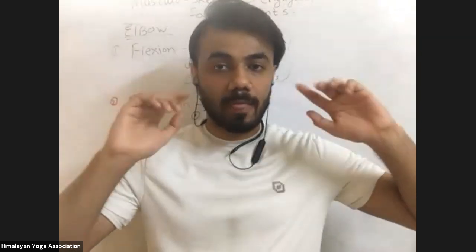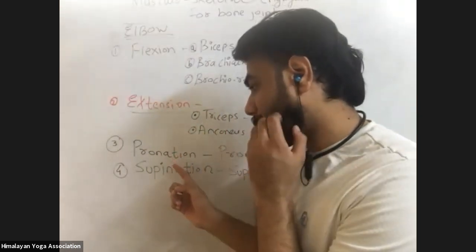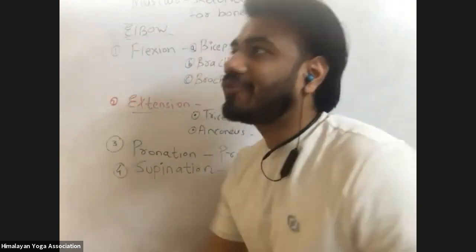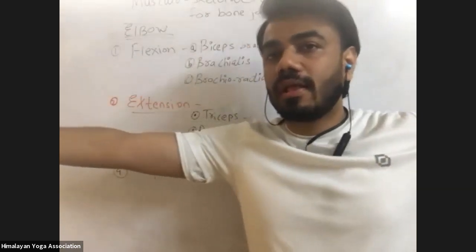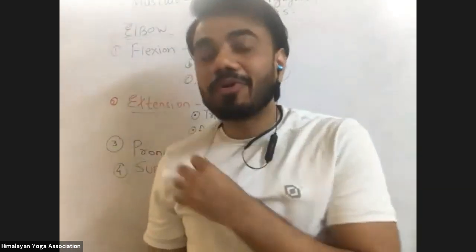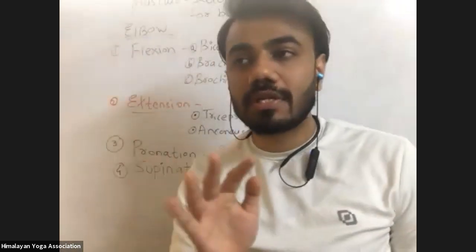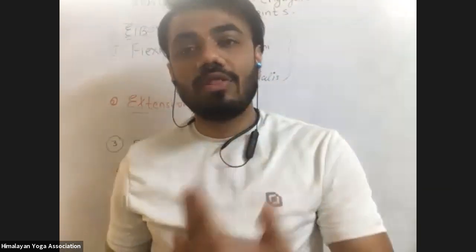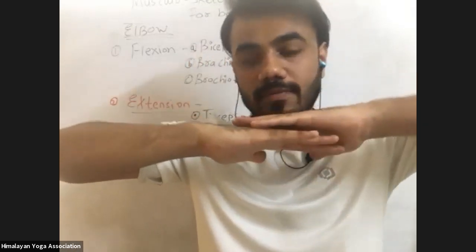Palms facing down is what? Like in warrior pose, Virabhadrasana. Virabhadrasana is a standing pose, but we do warrior two with the palms down also. But the prone posture is said to be when you lie down on your abdomen, and those are mainly the prone postures. When you lie down in Makarasana, palms facing down.